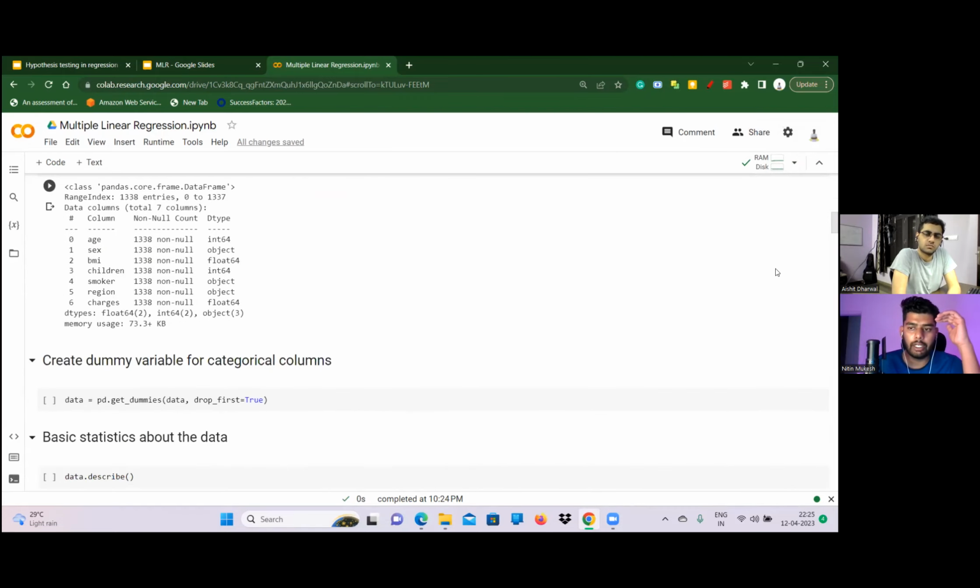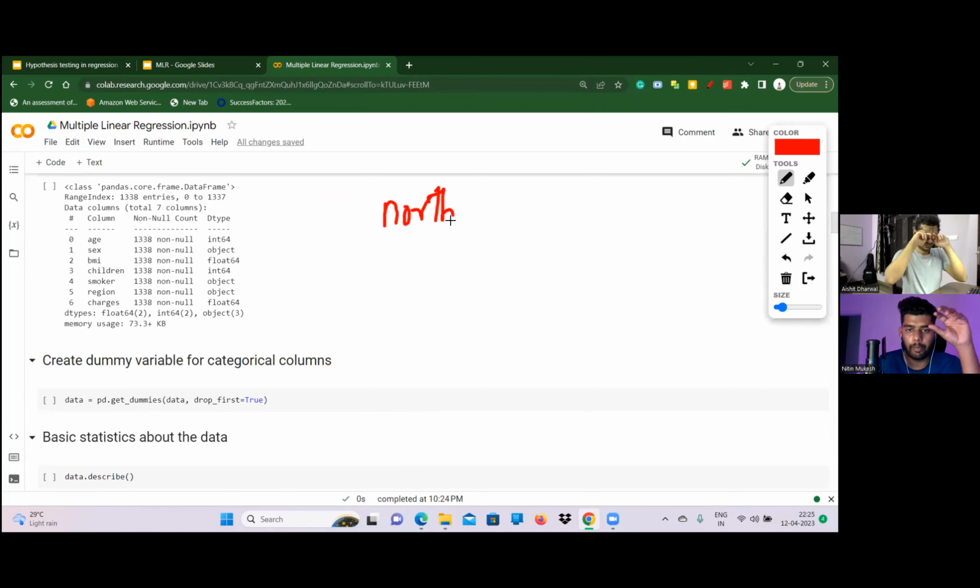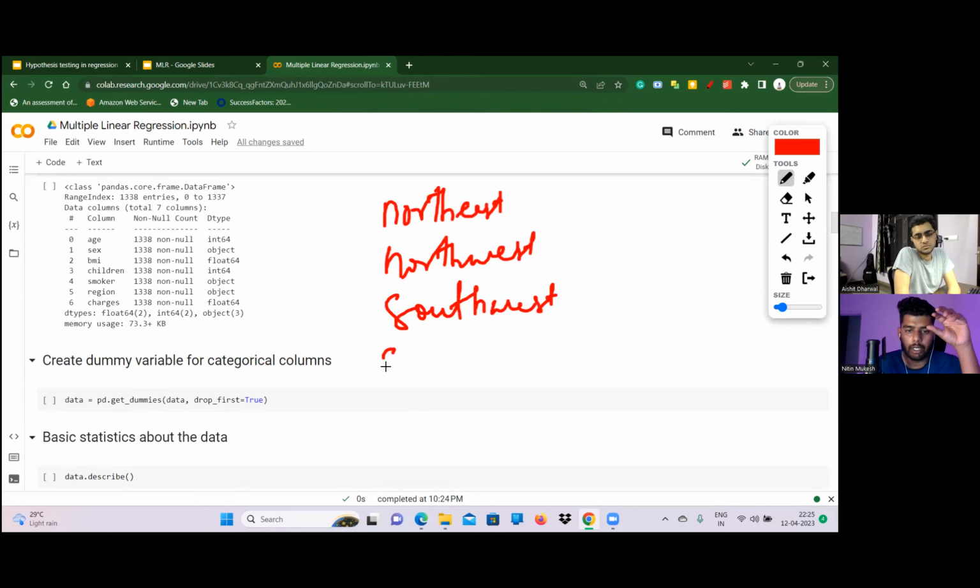But before that, let's understand a particular thing. Let's say a particular column has 4 different unique values, like northeast, northwest, southeast, and southwest.